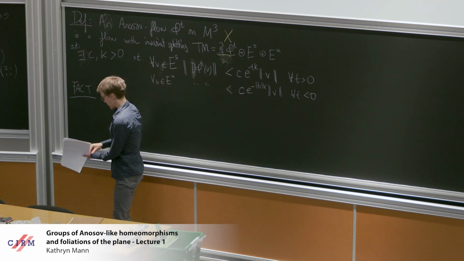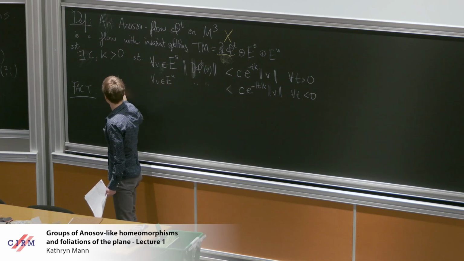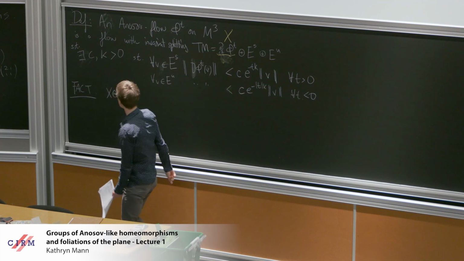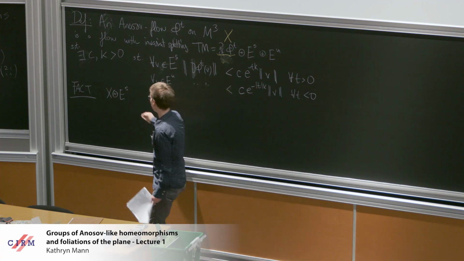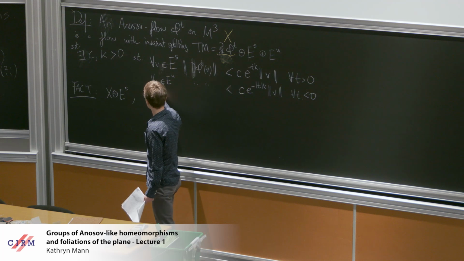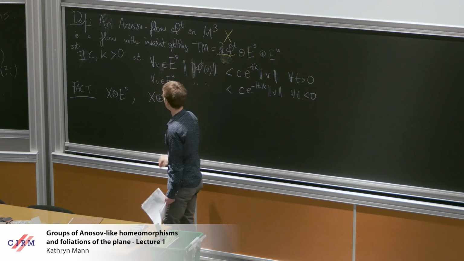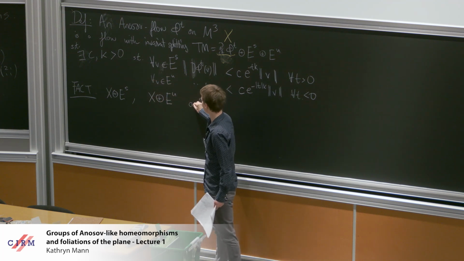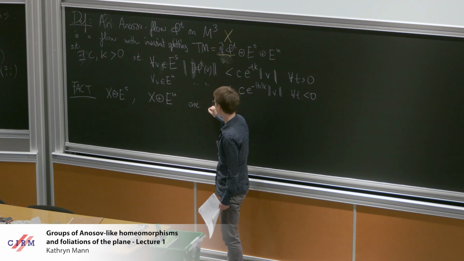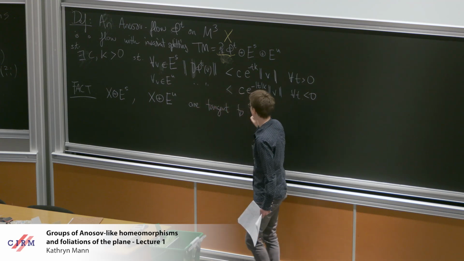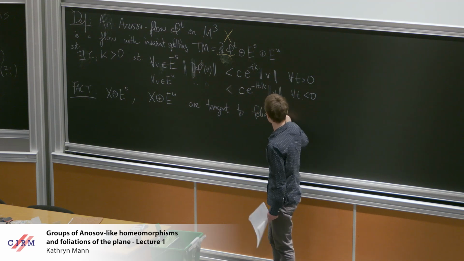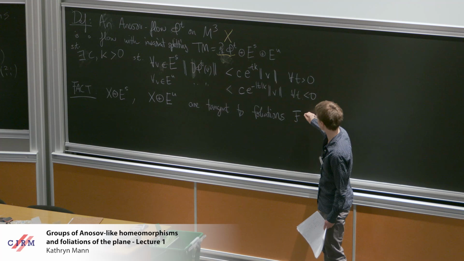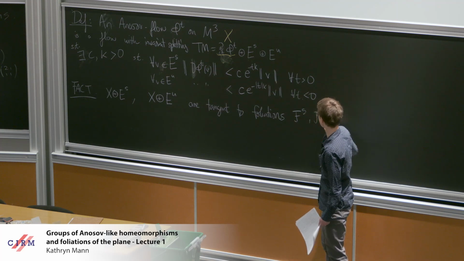If I look at the direct sum of X and the stable, say, these are vectors that are not expanded. Or if I look at this other two-dimensional distribution, these are integrable and thus tangent, equivalently, to foliations, two-dimensional foliations, called the stable and unstable foliation.